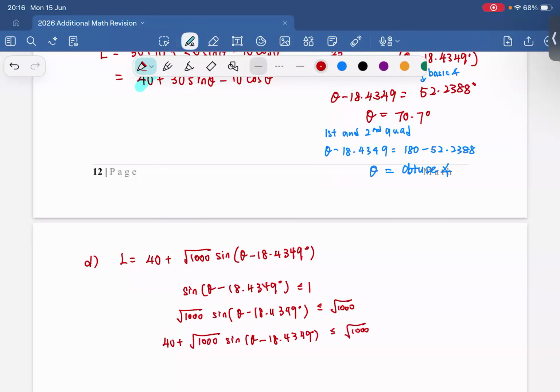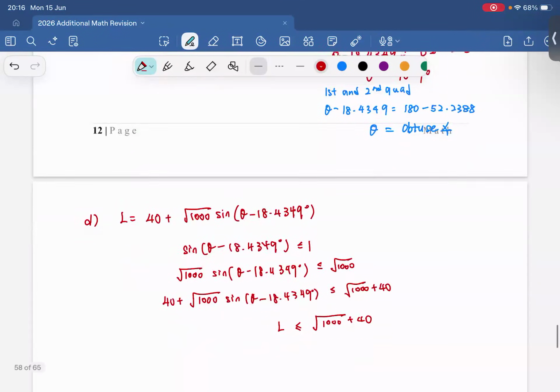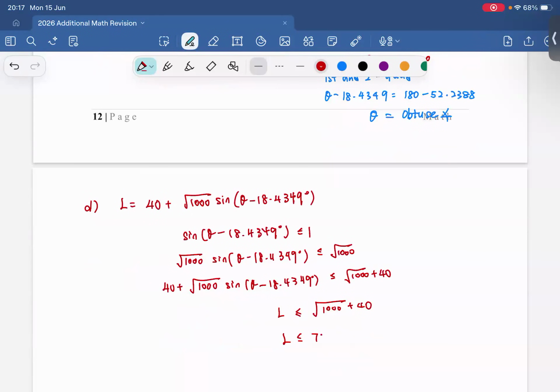So this tells us what? This tells us that L must have a value lesser than this. So when we press our calculator, square root 1000, we get 71.622. So L is a value that must be lesser than 71.6 meter.